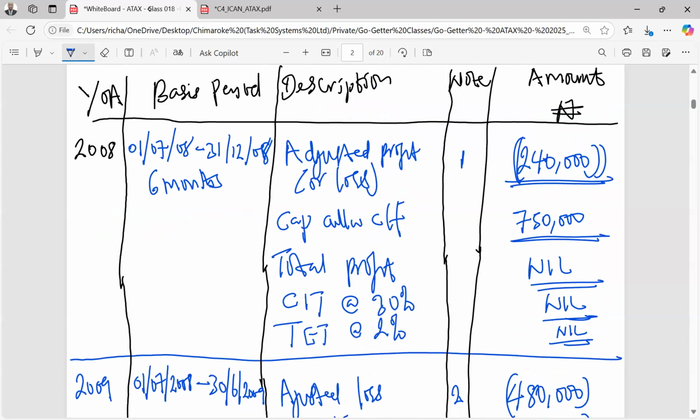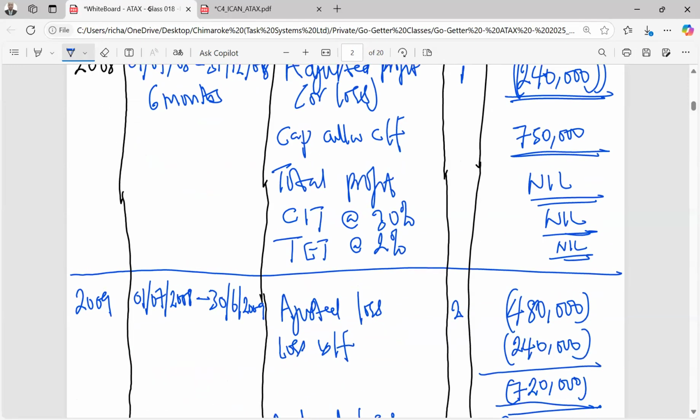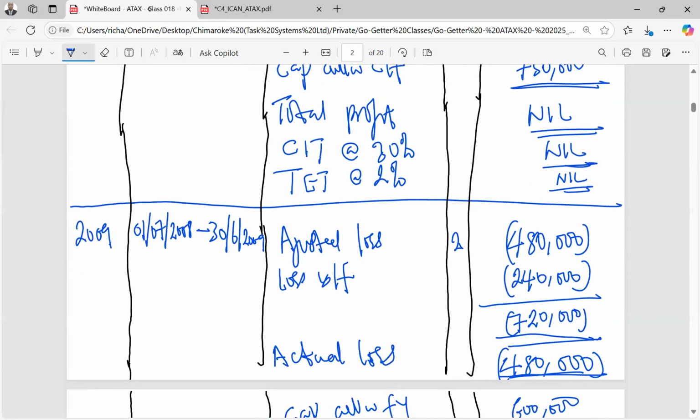But look at this one, July 2008 to December. They are all inside here. And so that's why we said this 240 is inside this 480. And so this 720 that it gave us is not the real loss. The actual loss is this 480 because this 240 is inside it.